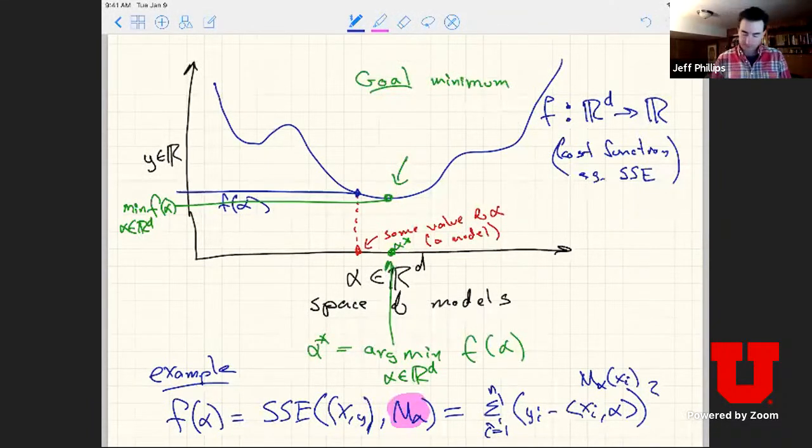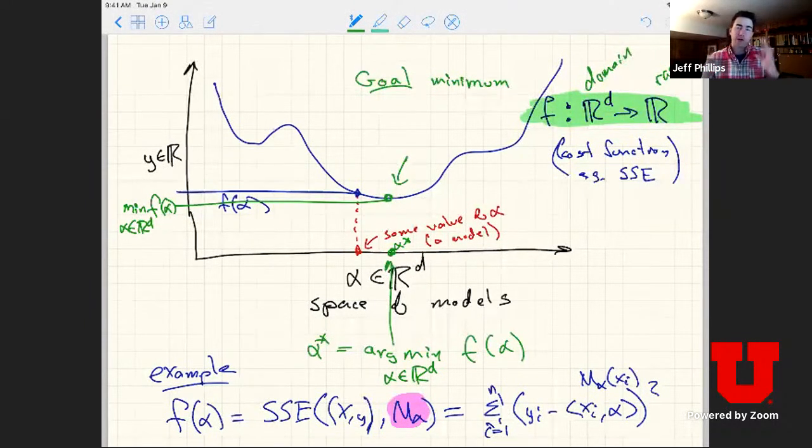So, okay. I should say, just so it's clear, looking at this expression here, this is saying that f is a function with a domain of R^d and a range of R. Its domain is the input.